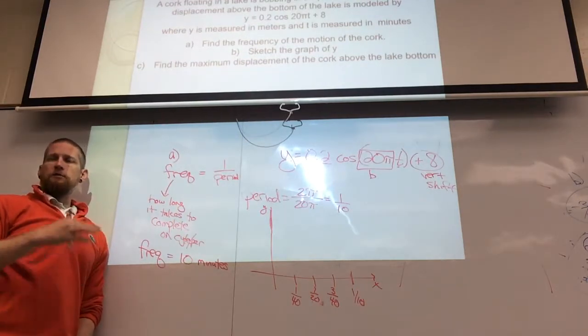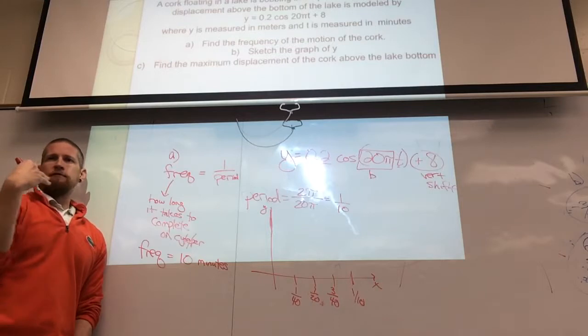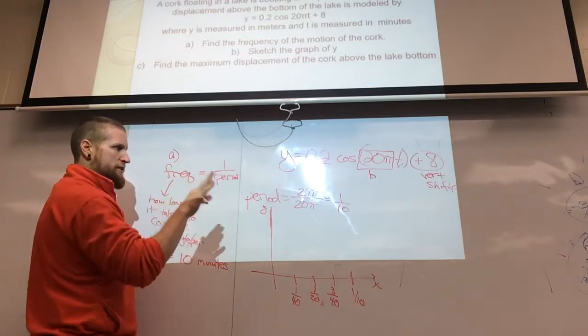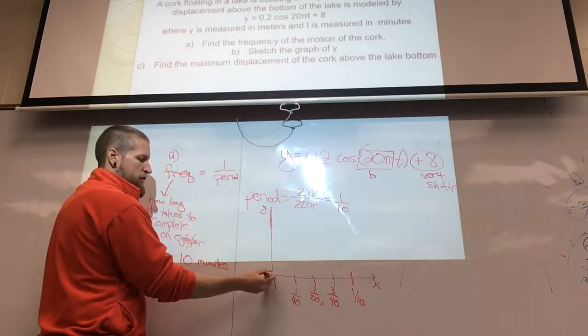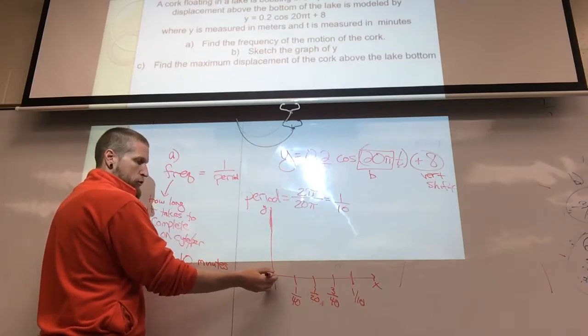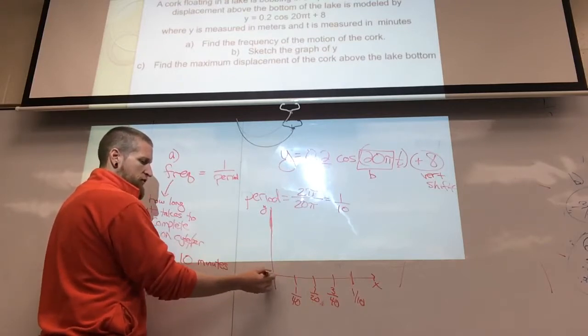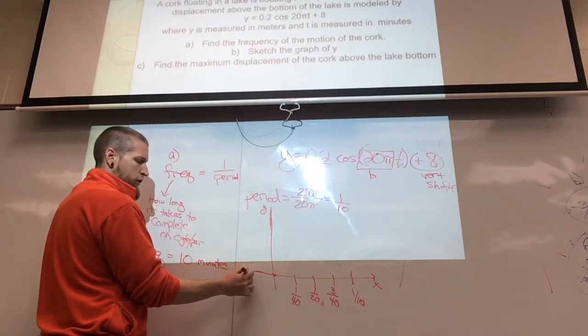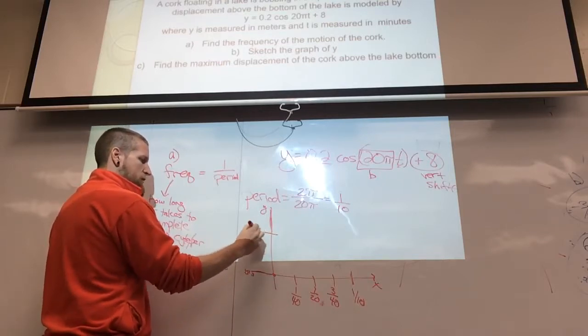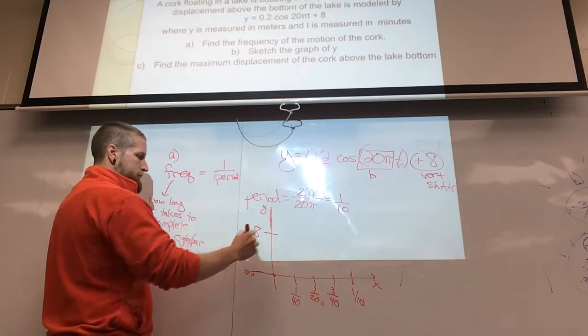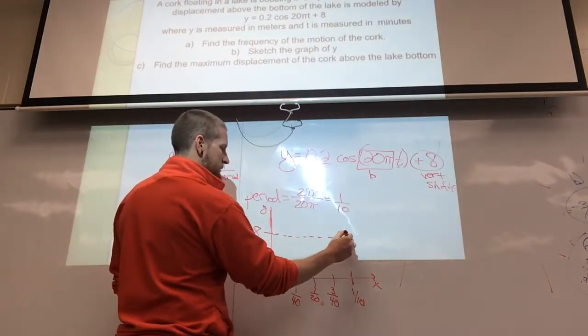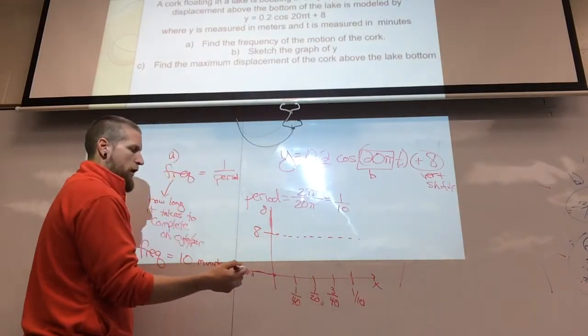So in terms of me drawing this out, I've got a vertical shift of 8. What you should probably do is take the axis it normally passes through and just shift it up to 8. So instead of going through y equals 0, you're now starting it at y equals 8. So this would become like the fake x-axis if you were graphing.